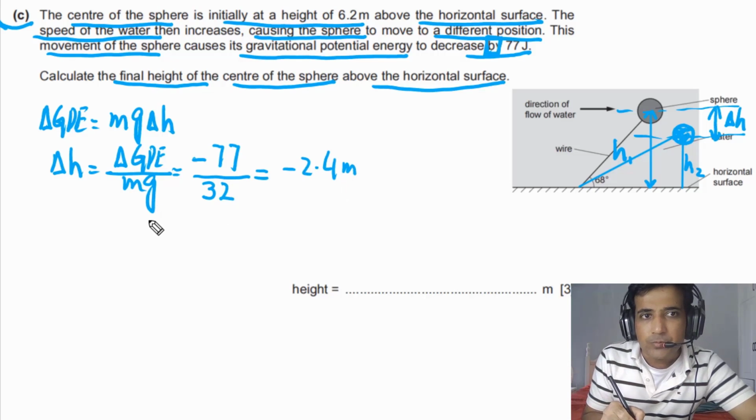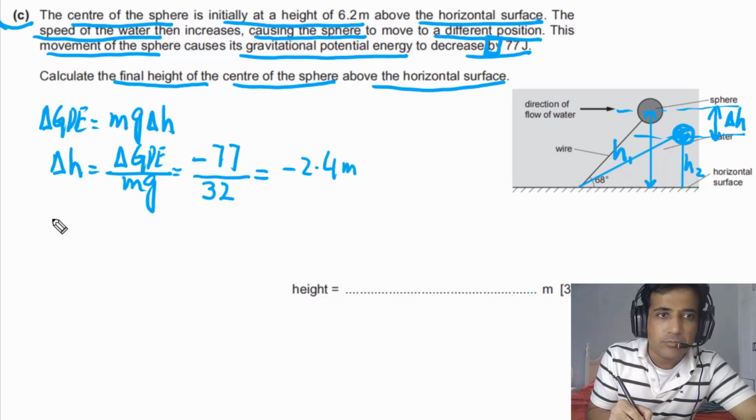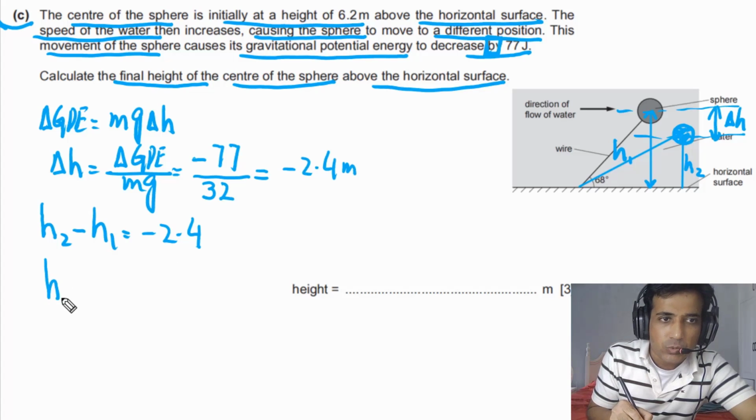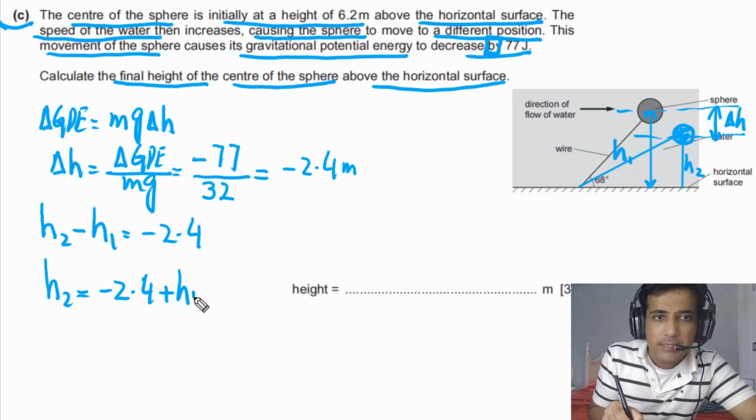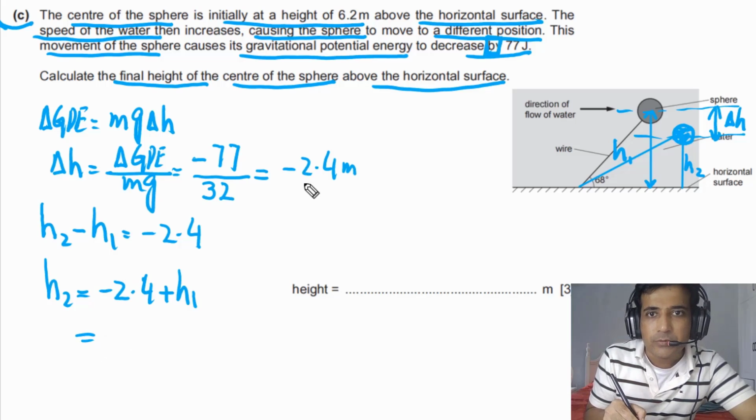We need to calculate final height. Means we need to calculate h2. Now we have calculated h2 minus h1. And this one is equal to negative 2.4. We need to calculate h2. So h2 simply we can say that will be equal to negative 2.4 plus h1. h1 was given to us, and that is equal to 6.2 meters.